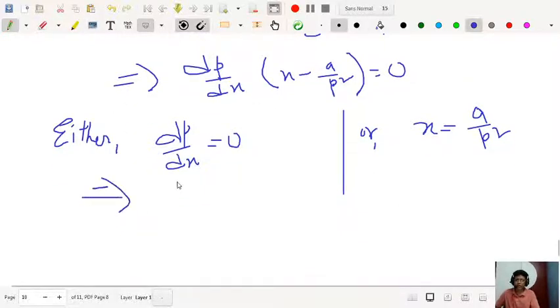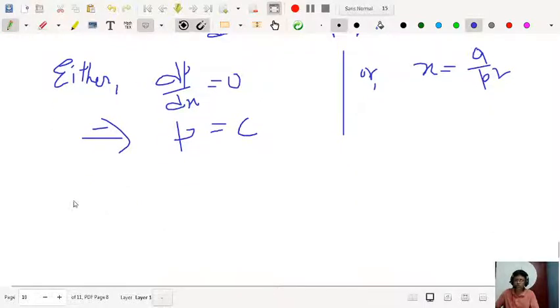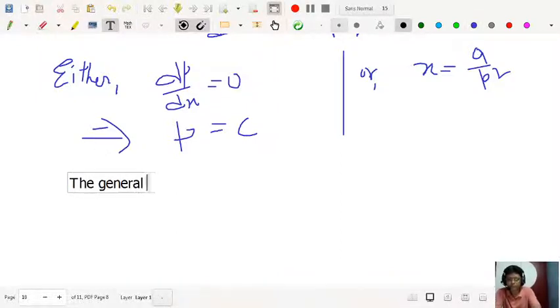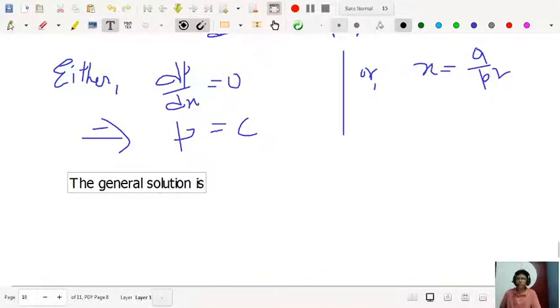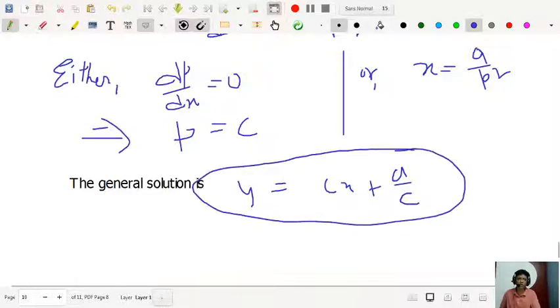So dp dx equal to 0 implies if you integrate, p equal to constant, p equal to c. Therefore the general solution is, what is your general solution? y equal to cx plus a by c. This is your general solution, right? Where c is an arbitrary constant.